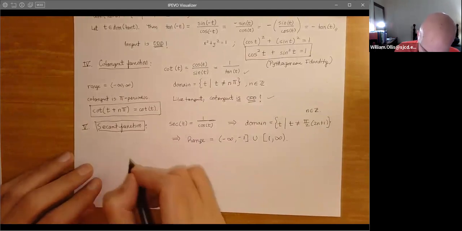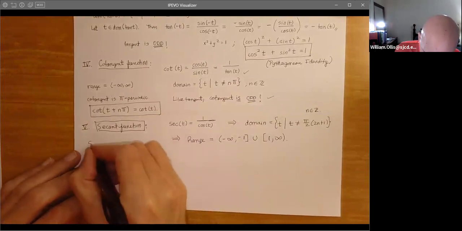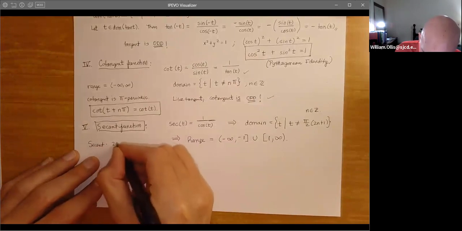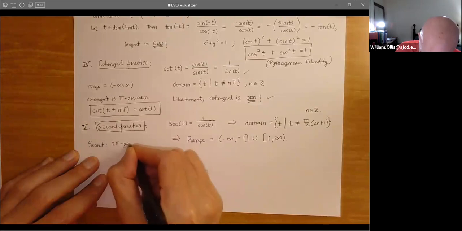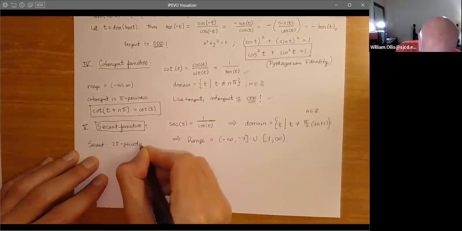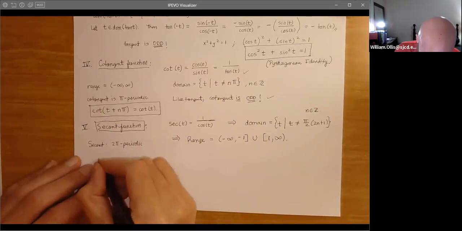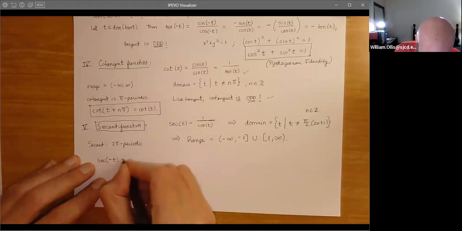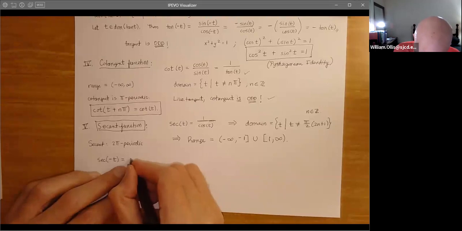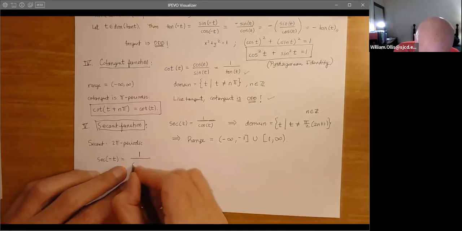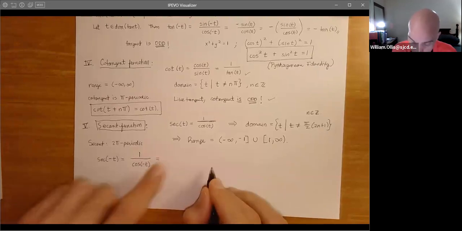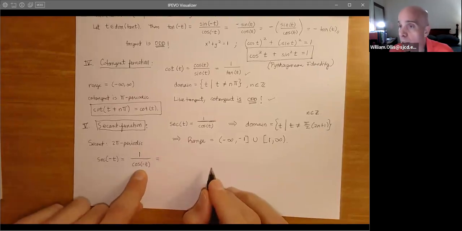And again, if we want, secant, like cosine, is 2 pi periodic. And we'll say secant of the negative of t will now be 1 over cosine of the negative of t by definition, but cosine is what?